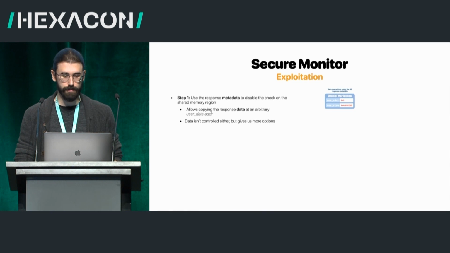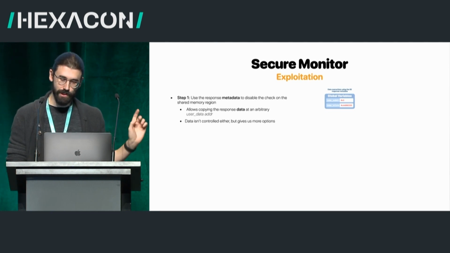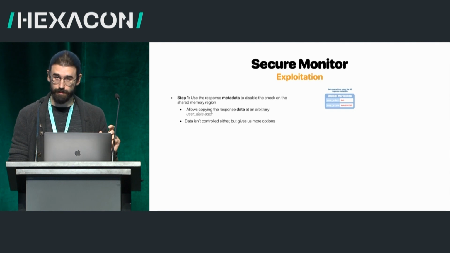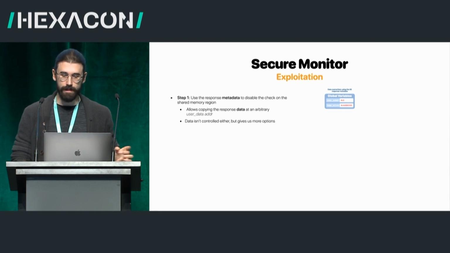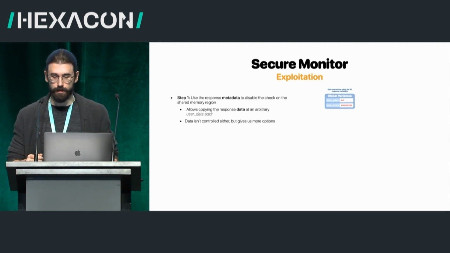Here, maybe you can see it, maybe you don't, but we change the address of the authorized memory region from 0x something to 0xC. And then we have the size, which we also change with a metadata value, and we replace it with AABBCC55. With this, we are now able to expand the range of the memory region that is authorized, and we are able to copy the response data anywhere we want.